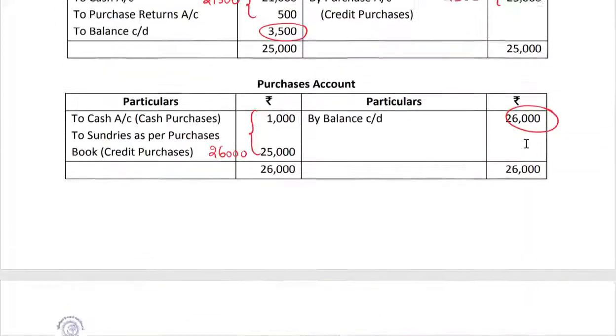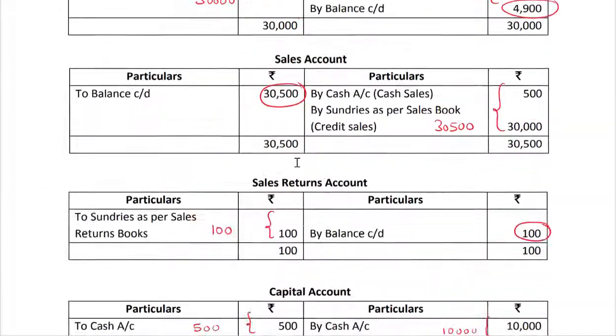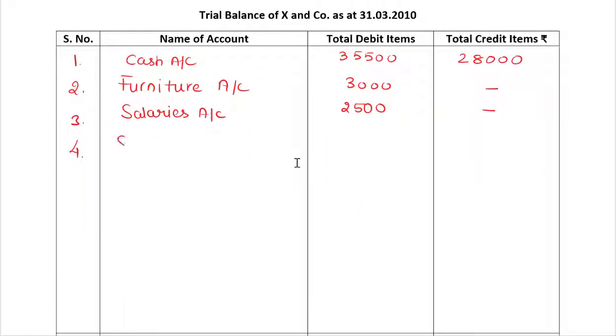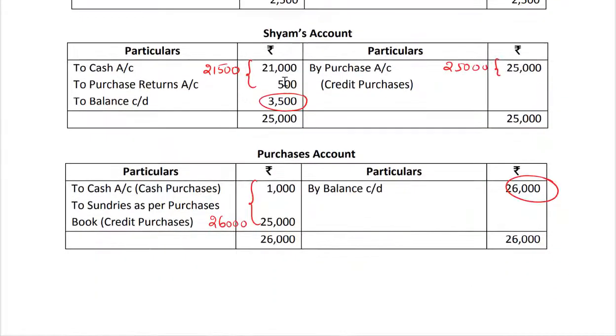Next is Shyam's account, 21,500 on the debit side and 25,000 on the credit side. After Shyam's account, we have purchases account, 26,000 on the debit side and nothing on the credit side.